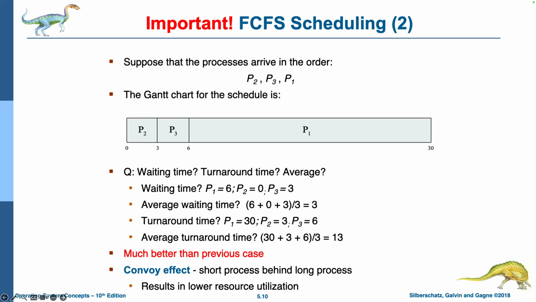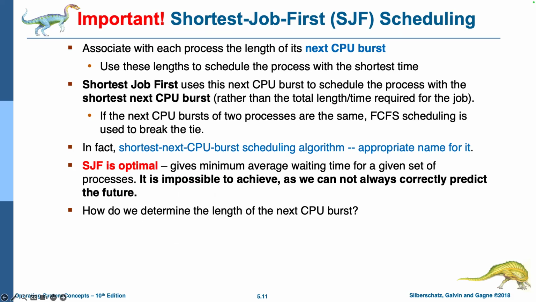How can we know P1 takes so long? If we knew that, we could simply sort them. But we cannot predict the future. So shortest job first is optimal, but we can never implement it because we cannot predict the future.